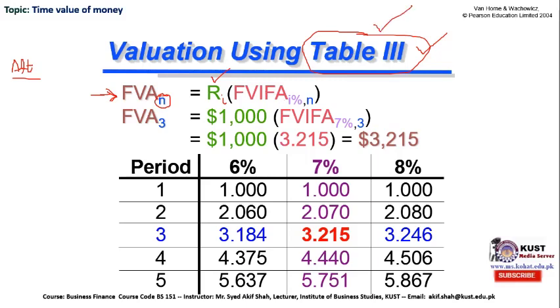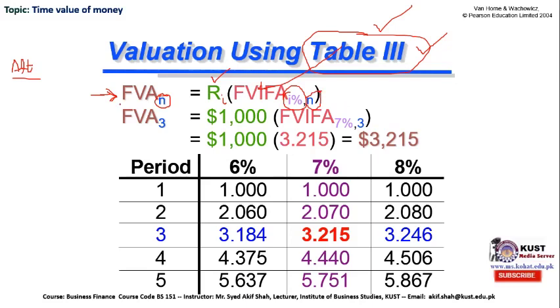In this table you will find this expression, future value interest factor for annuity, subscript I%. This I represents the compound interest rate which will be given in the question, and N represents once again the total number of years for compounding this investment opportunity.